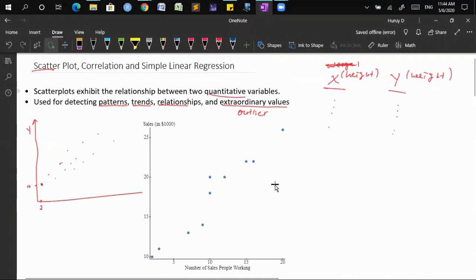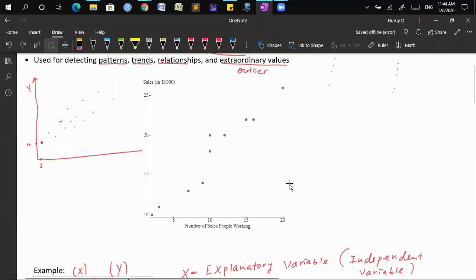Now, based on this, you can see as the number of salespeople increases, as you hire more and more people, the number of sales in thousands is increasing. So probably the manager would be encouraged just by looking at this analysis to hire more people, right?